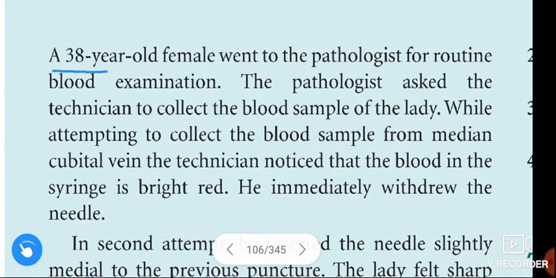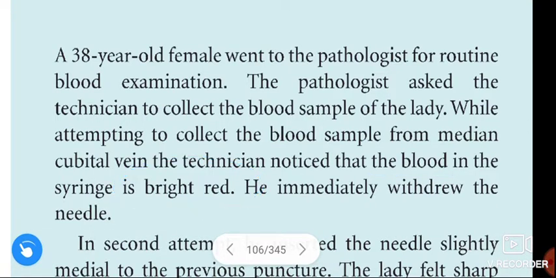See once again, guys. A 38-year-old female went to the pathologist for routine blood examination. The pathologist asked the technician to collect a blood sample of the lady. While attempting to collect the blood sample from the median cubital vein, the technician noticed that the blood in the syringe is bright red. He immediately withdrew the needle.